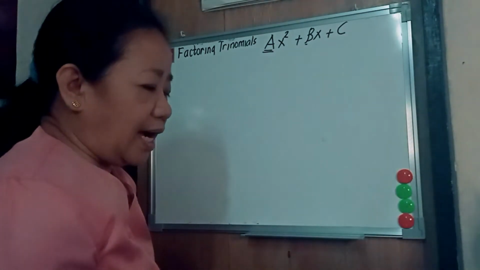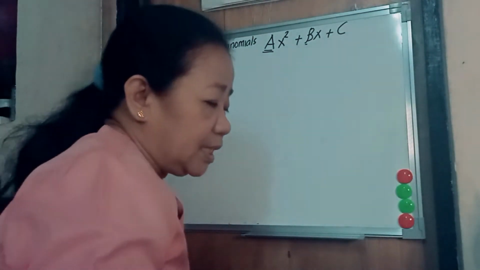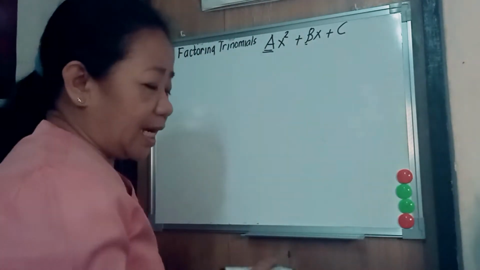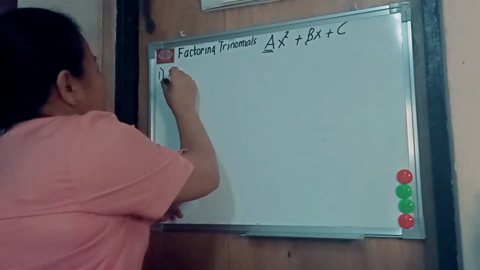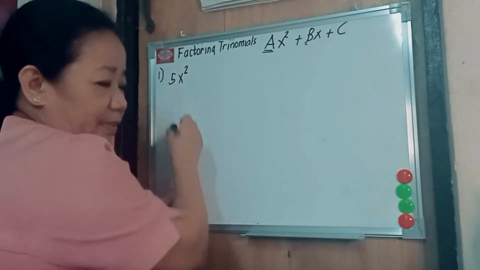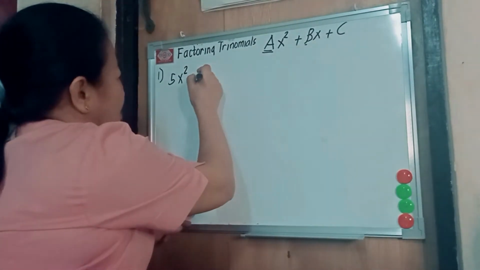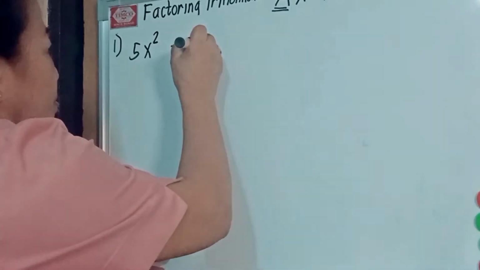So, let us have your trinomial 5x squared plus 7x minus 6.